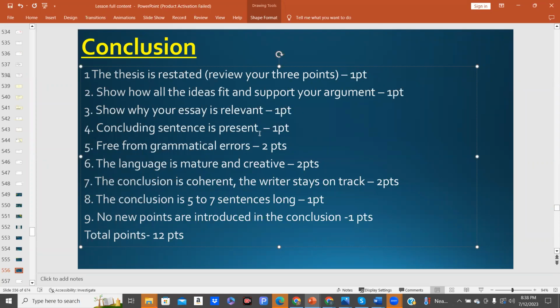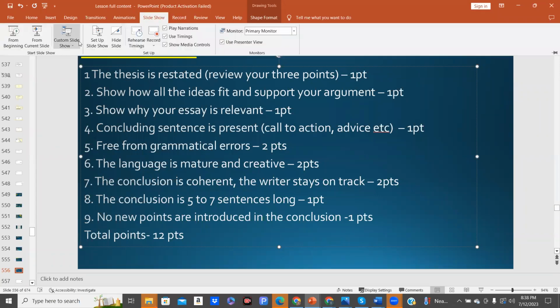By concluding sentence, I'm talking about a call to action, advice of some sort, something like that. So that's 12 points. That's the conclusion.